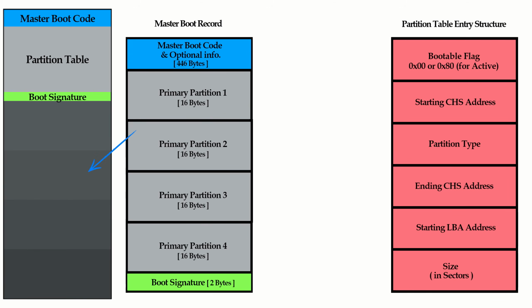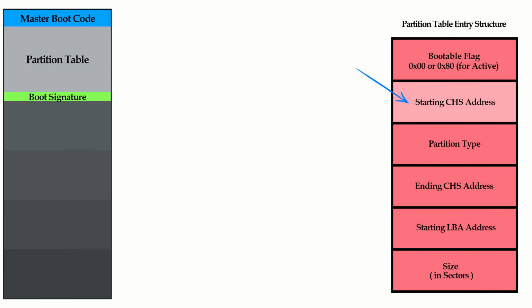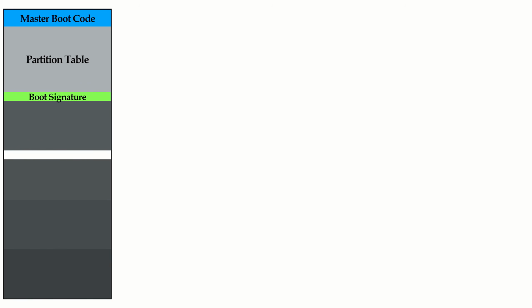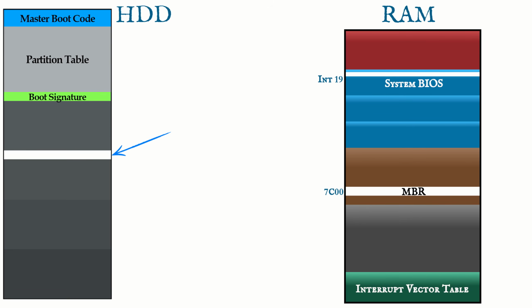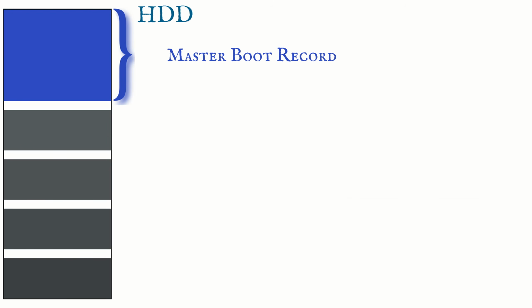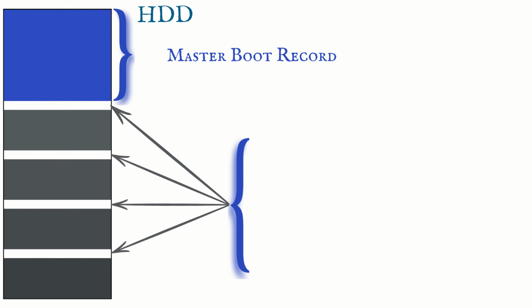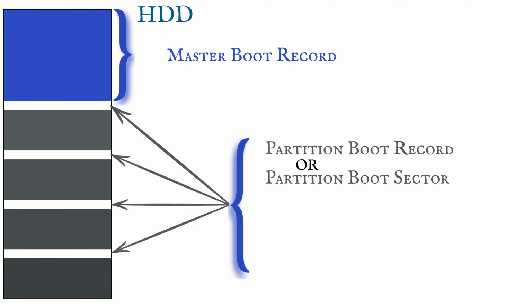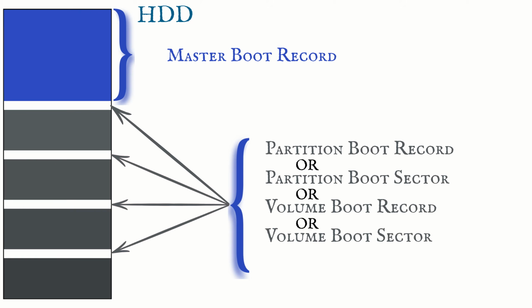Now that it has identified the active partition, it finds out the starting sector of the partition and loads the first 512 bytes of the active partition in RAM. The first sector of the disk is called the master boot record. And the first sector of each partition is called the partition boot record, partition boot sector, volume boot record, volume boot sector, or sometimes just boot sector.